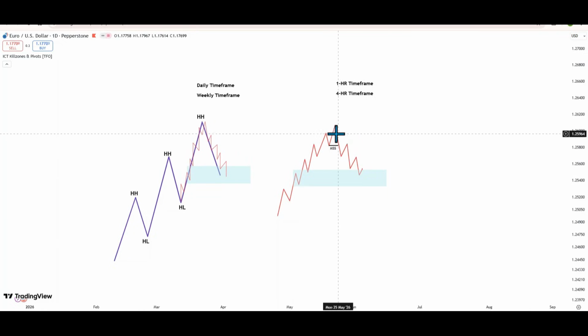Once the market is done with the pullback on the higher time frame, the market will continue going higher, and you'll anticipate what? The market to go make a higher high. So this is what you want to see the market do on the higher time frame.